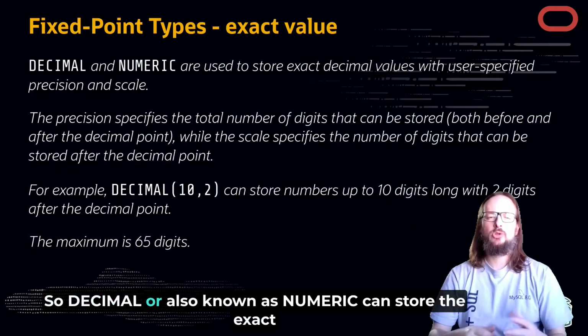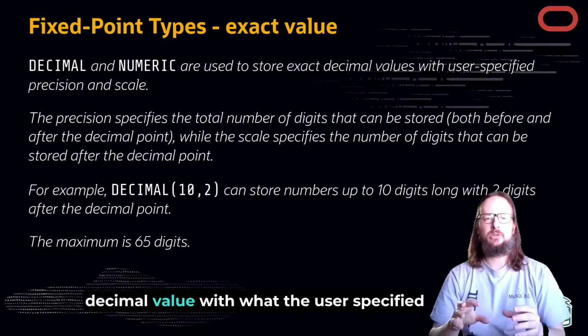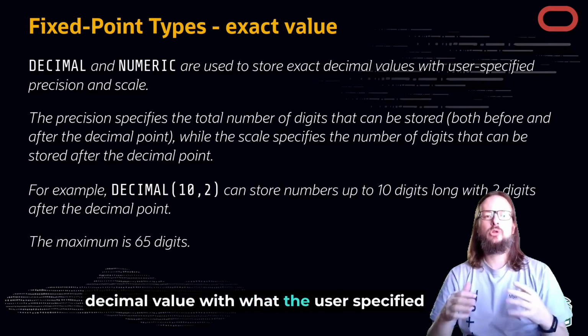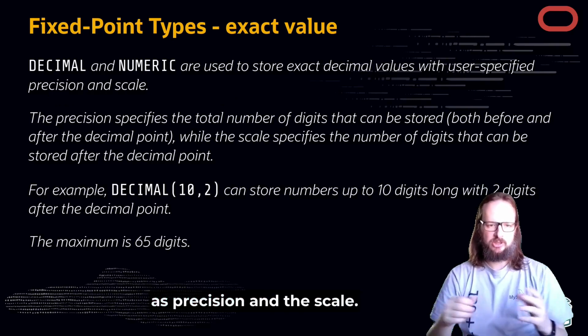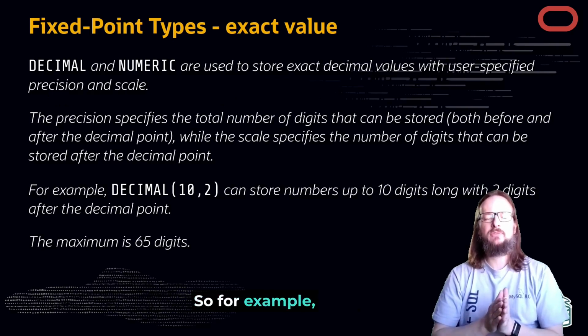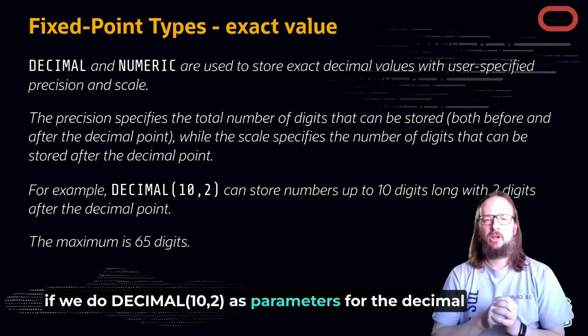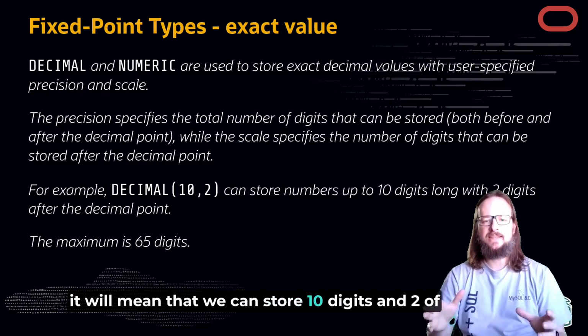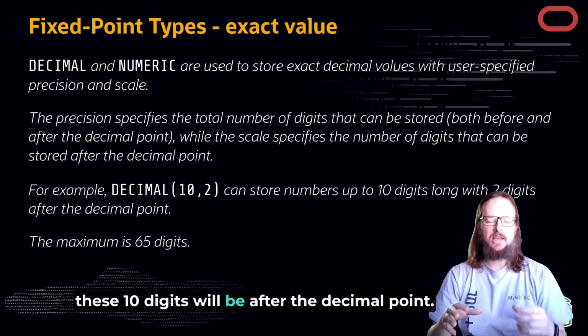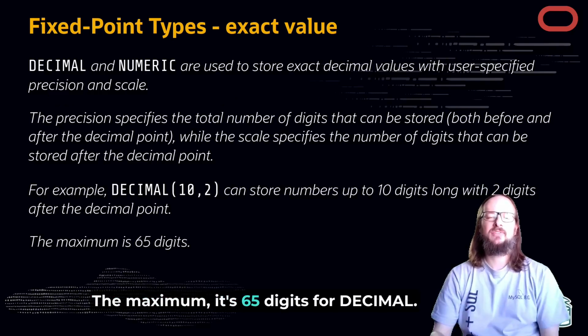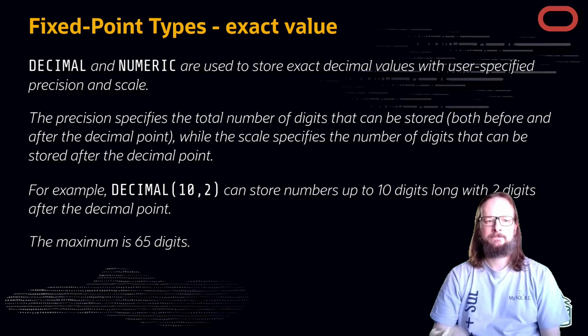Decimal, also known as numeric, can store the exact decimal value with what the user specified as precision and scale, right? For example, if we do decimal with 10 and 2 as parameters, it means that we can store 10 digits and 2 of these 10 digits will be after the decimal point. The maximum is 65 digits for decimal.